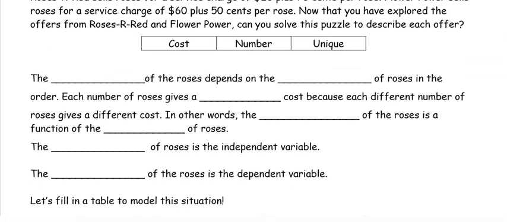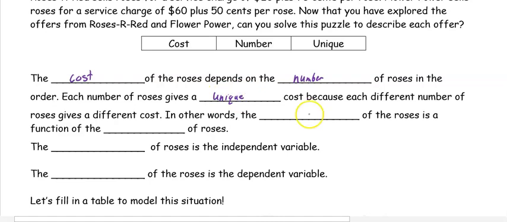So the blank of roses depends on the blank of roses in the order. Remember that we're going to have cost as a dependent variable. So the cost of roses depends on the number of roses that you order. Each number of roses is going to give us a unique cost because each different number of roses gives a different cost.